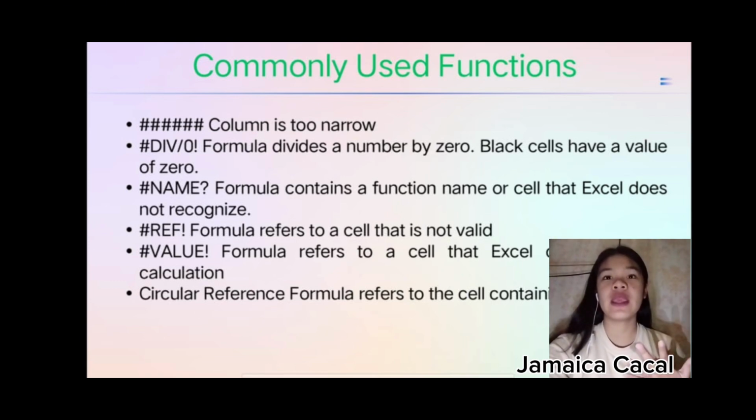Happens when a formula tries to perform a calculation with an invalid data type, for example adding text to numbers. And lastly, the circular reference. The formula refers to the cell containing the formula. Occurs when a formula refers to its own cell, causing an infinite loop.